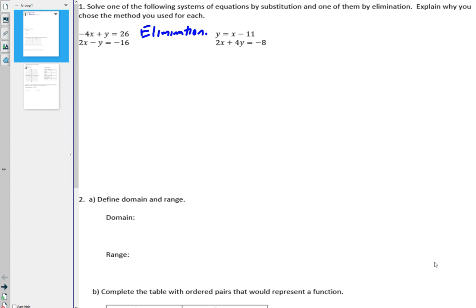So you could say both equations are in standard form.